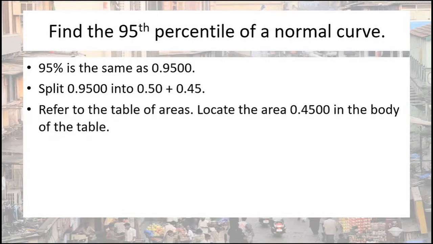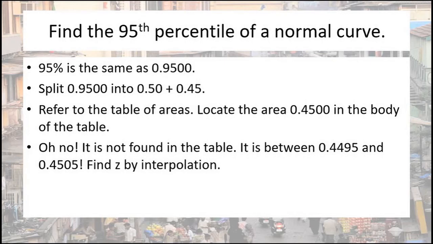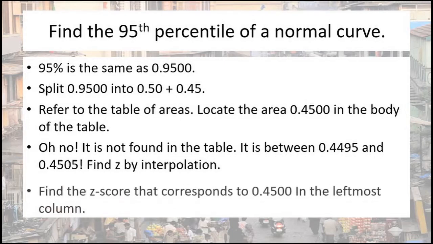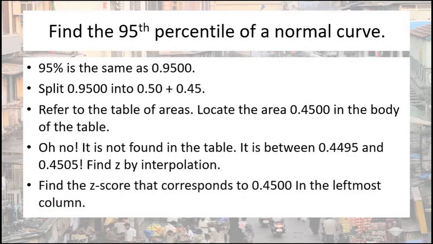Locate the area 0.4500 in the body of the table. Oh no, it's not found in the table. It is between 0.4495 and 0.4505. Find z by interpolation. Find the z-score that corresponds to 0.4500 in the leftmost column.